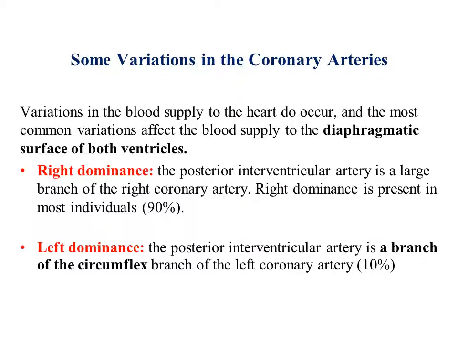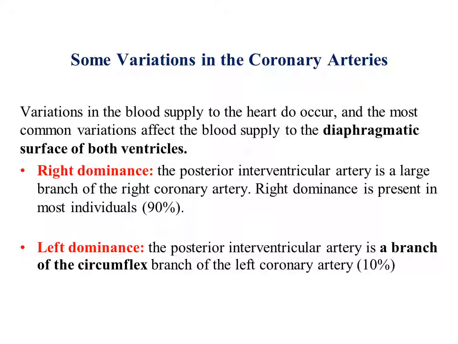What we have explained is the normal or typical circulation and branches of the coronary arteries. There are a few variations in the coronaries, and the most common variation affects the blood supply to the diaphragmatic surface of both ventricles.